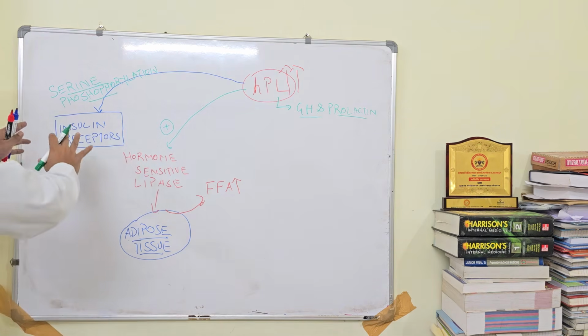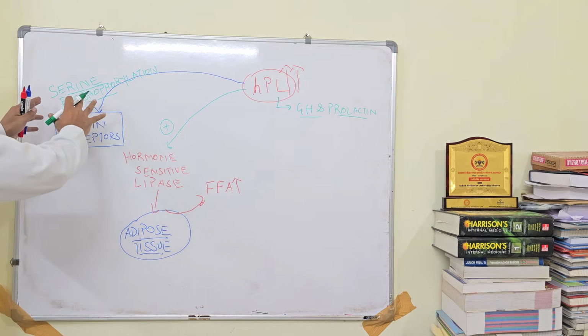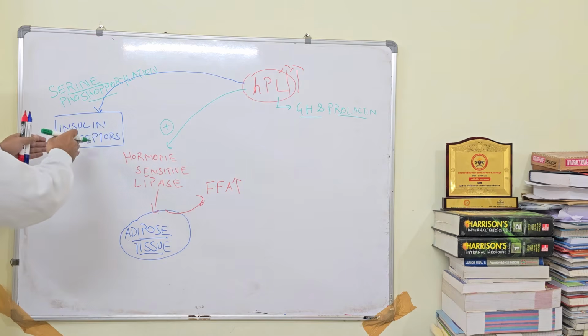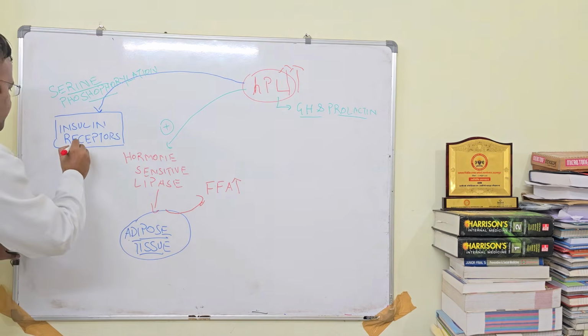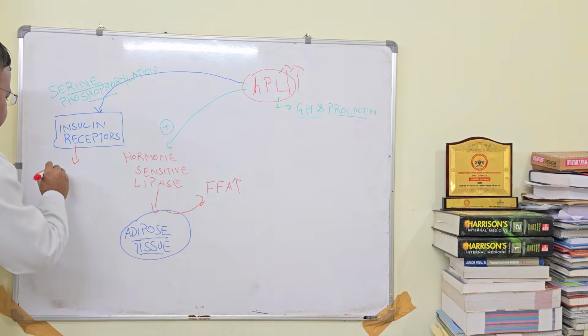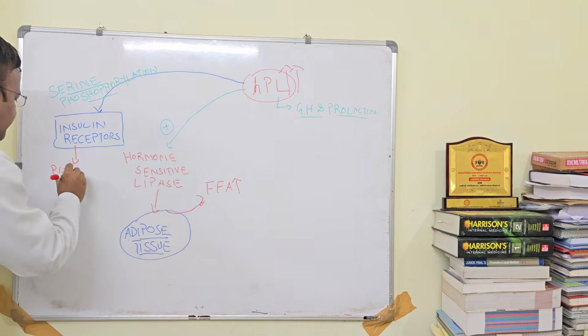Since these insulin receptors are undergoing serine phosphorylation, it will start a cascade mechanism. It will reduce your PI3K recruitment.